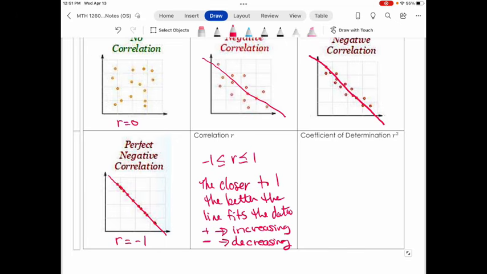Now, if we take the value of R and we square it, that value is called the coefficient of determination.